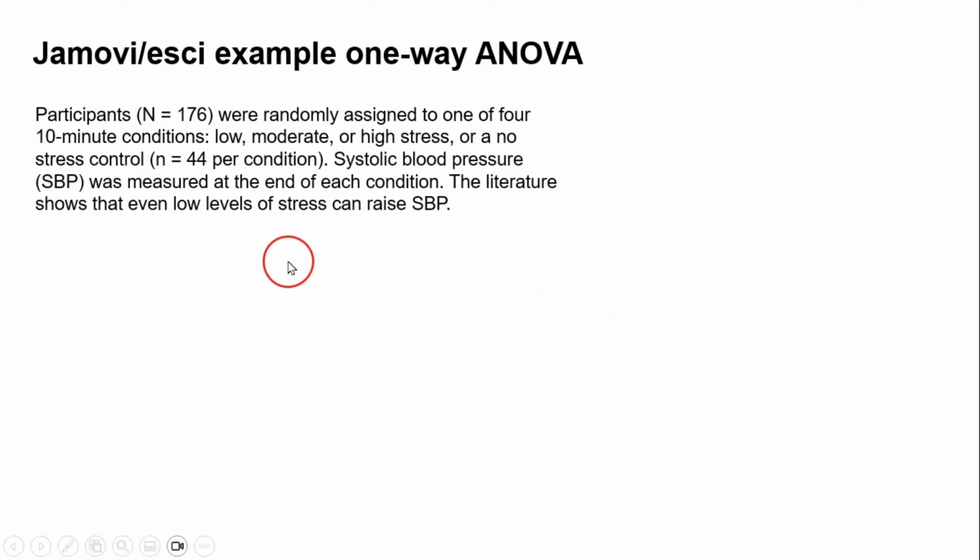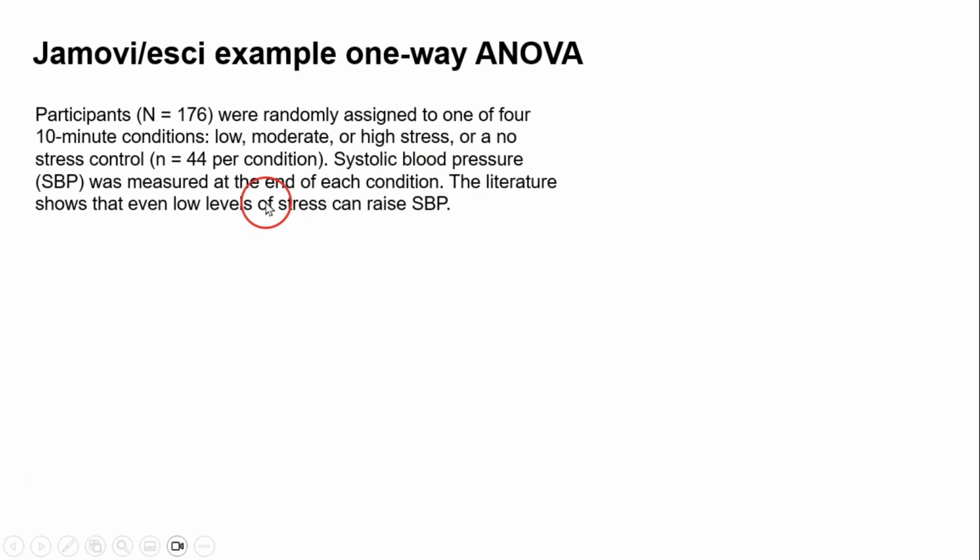So let's say, for example, you have participants, n equals 176, randomly assigned to one of four 10-minute conditions: low, moderate, or high stress, or a no stress control. So there were an equal number of participants in each of the four groups, so that gives us an n, a lowercase n, of 44 per condition, or per group.